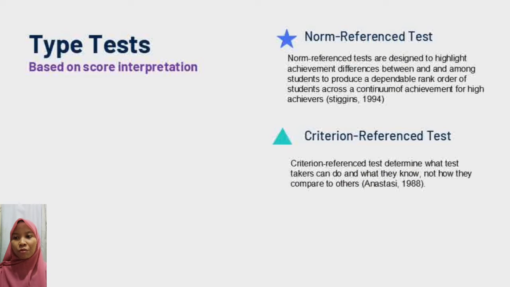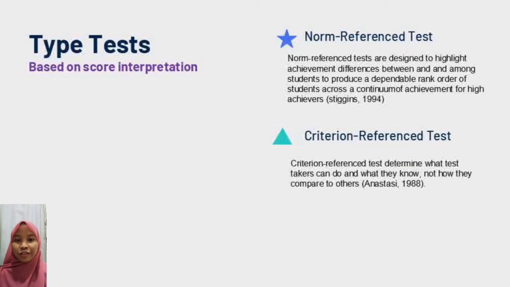This type of information can be useful for deciding whether or not students need remedial assistance or are indicated for a gifted program. However, the score gives little information about what the student actually knows or can do.